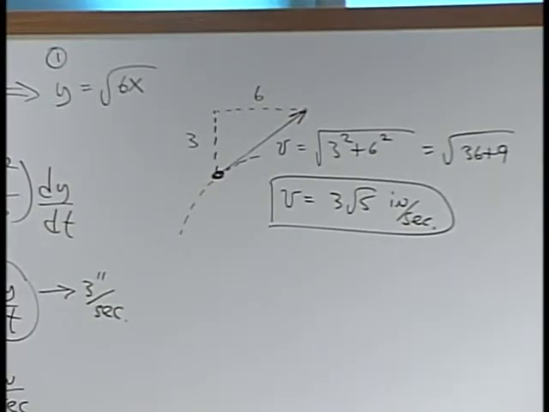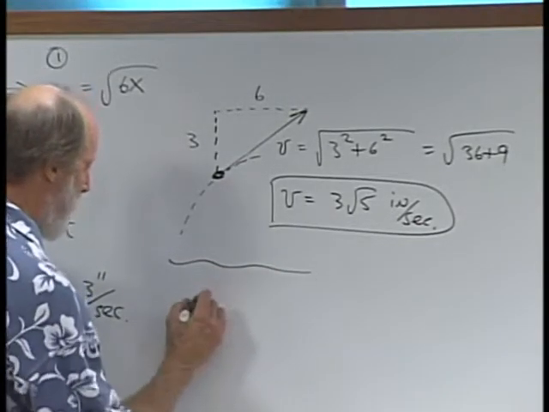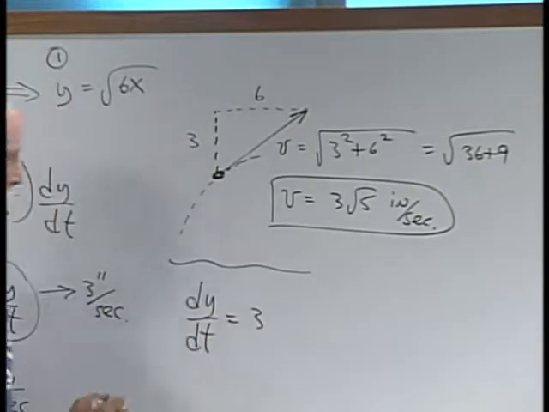Okay, good. What route did you take, Ian? I integrated dy dt equals 3 inches per second, and then found just y. The initial velocity of y is a constant 3, so dy dt is equal to a constant 3.